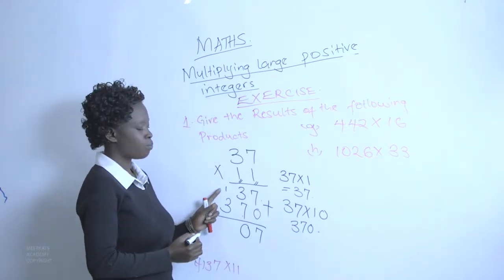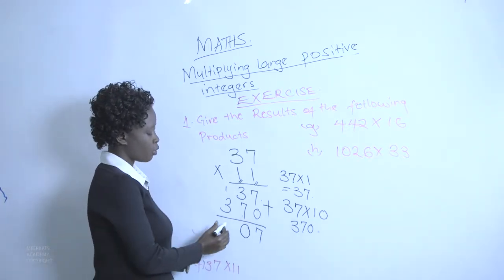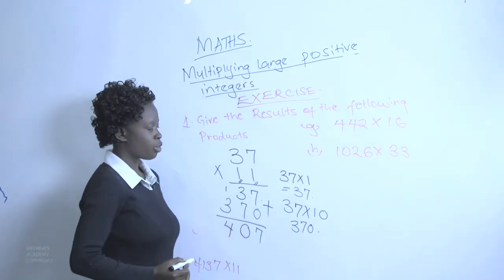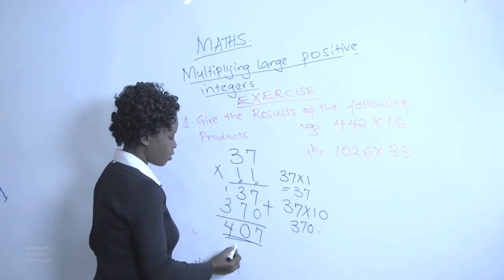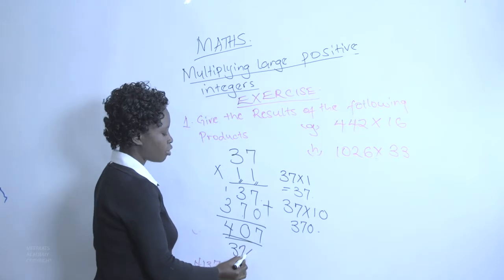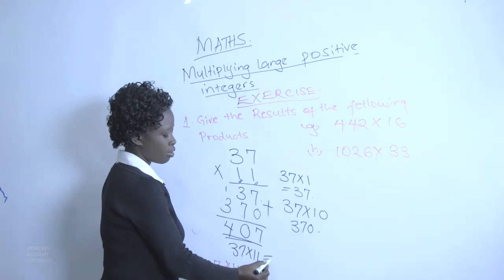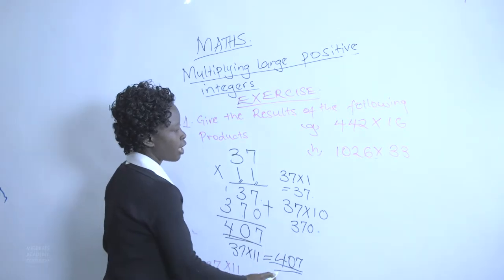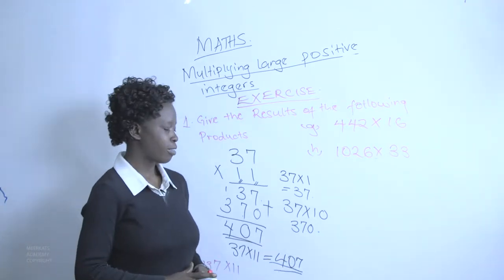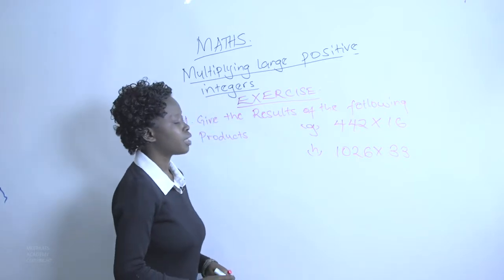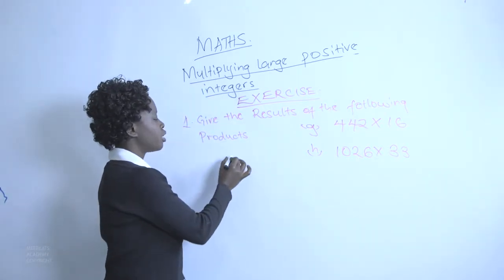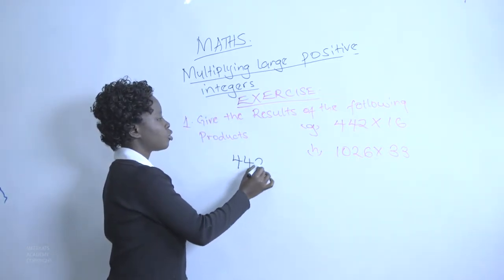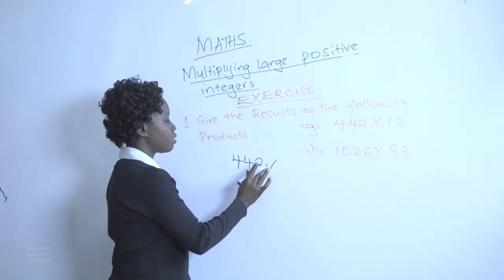Then we have 1 plus 3, which gives us 4. So it simply means that 37 multiplied by 11 gives us 407 as the required answer. The next question we have is 442 multiplied by 16.